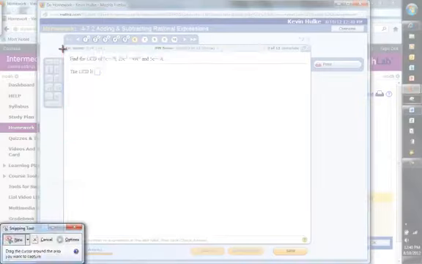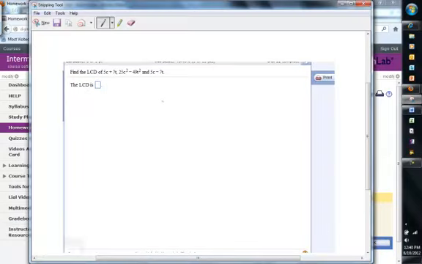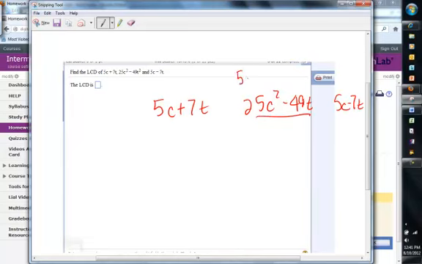This one's going to be a little bit tougher. 5c plus 7t, 25c squared minus 49t squared, 5c minus 7t. This part here factors into 5c plus 7t, 5c minus 7t. Okay, what do they have in common?